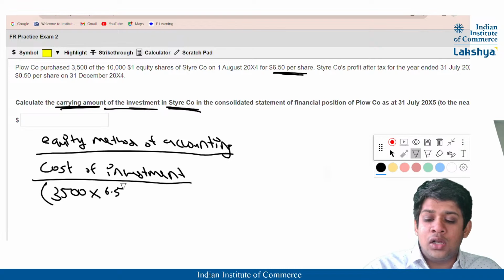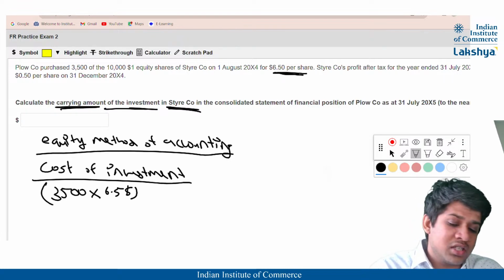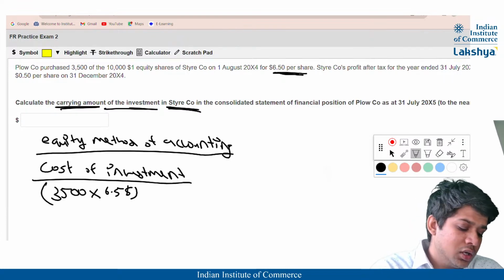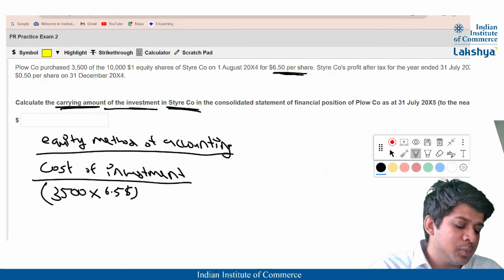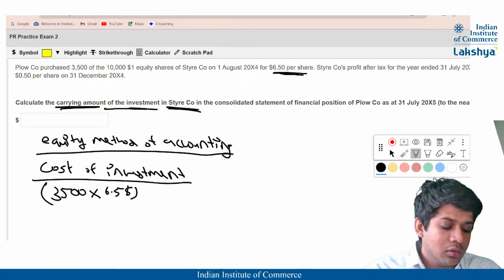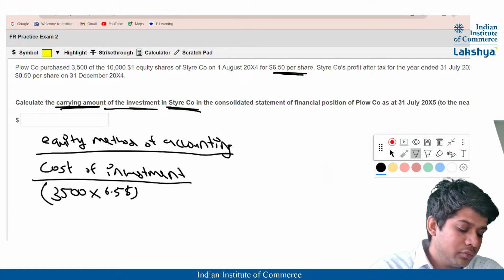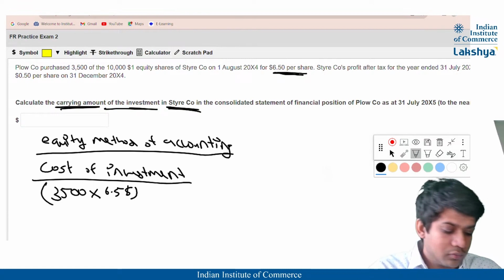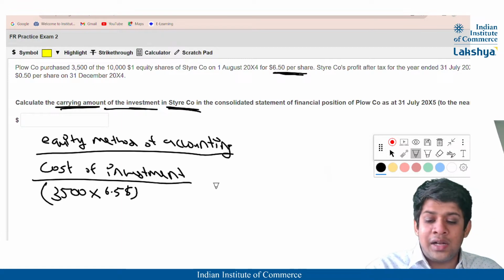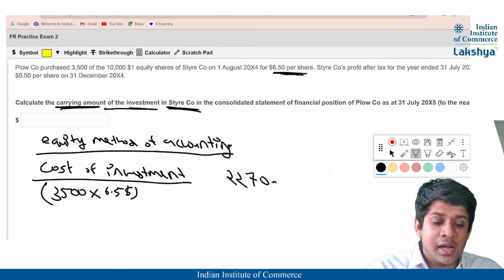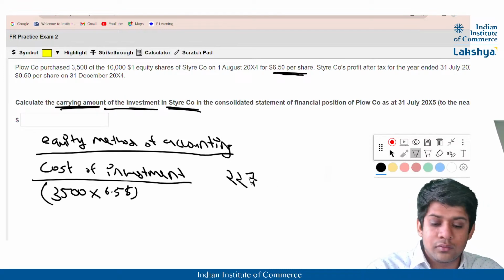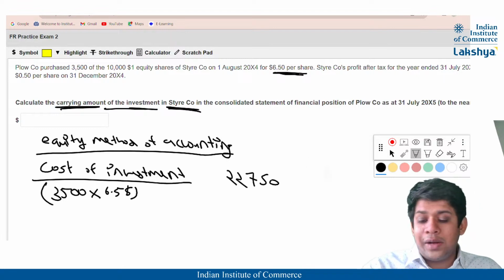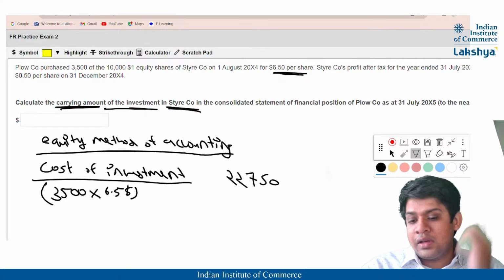So how much did I pay for it? 3,500 into 6.5, that is 22,750. I purchased not 35,000 guys, I purchased 3,500 shares. So 22,750 is the cost of investment.